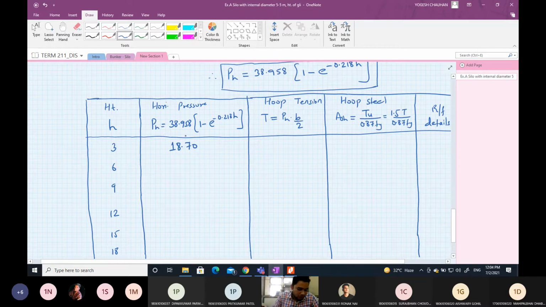At 6 meter, it will be 28.43. At 9 meter, it will be 33.48. At 12 meter, it will be 36.11. See, these are in kilonewton per meter square.